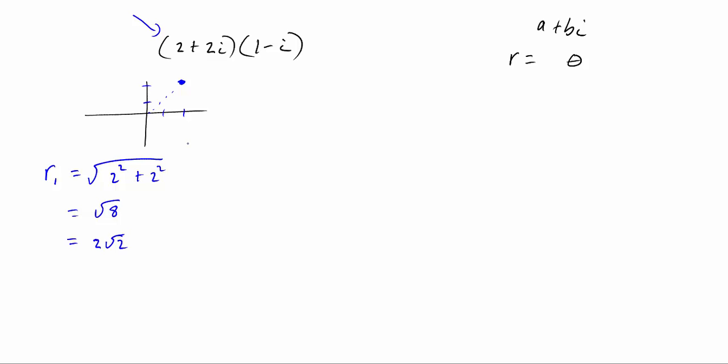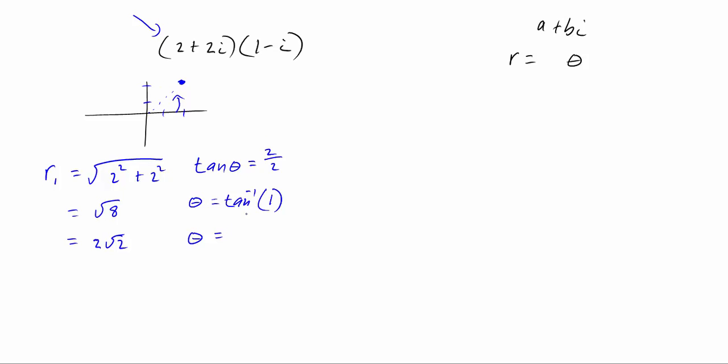And then, of course, we need to calculate the angle. What is this particular angle here? Well, we can use the tangent function, which would be the tangent of theta is equal to 2 over 2. So using the inverse tangent, and 2 over 2 would simply be 1, so we would take the inverse tangent of 1, we can calculate the angle.